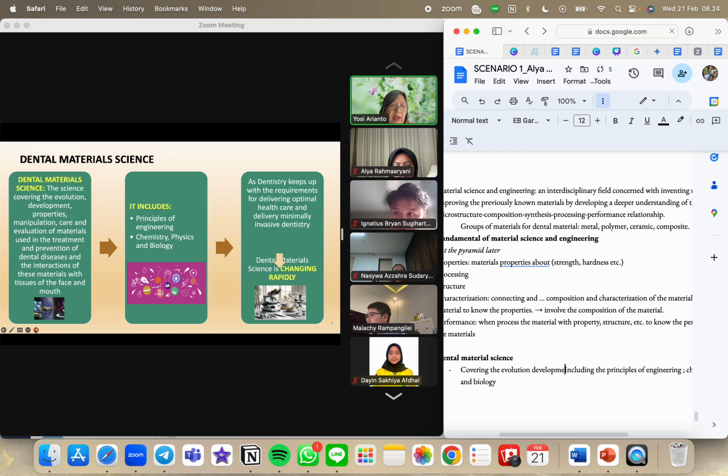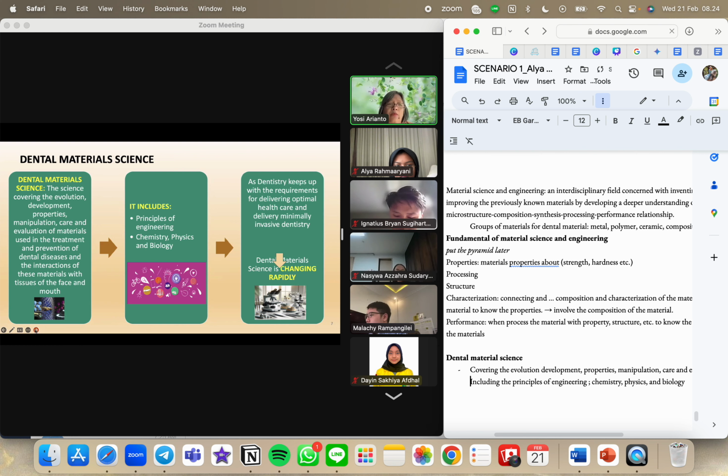And also the care and evaluation of materials used in the treatment and prevention of dental diseases, with tissue of the face and mouth.